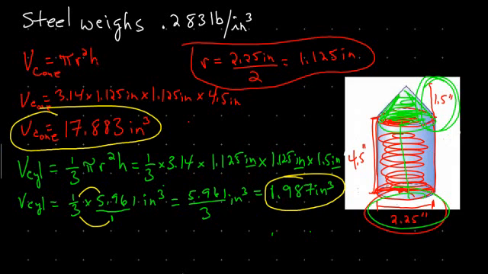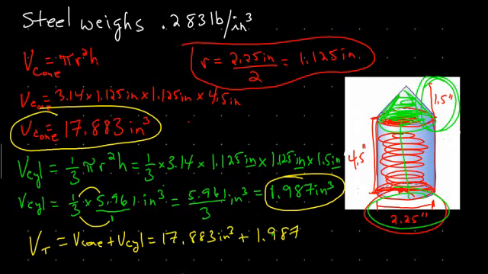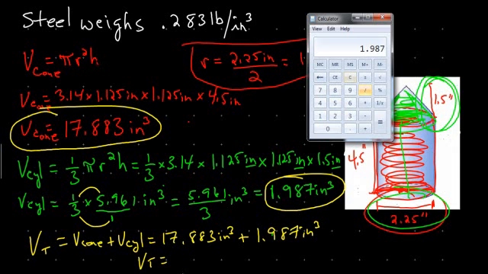So we have our total volume, and I'm just going to call that VT down here, volume of the cone plus volume of the cylinder, which equals 17.883 cubic inches plus 1.987 cubic inches, and that's a total volume equals 17.883 plus 1.987.